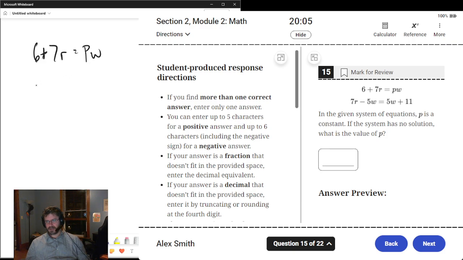Okay. The other one only has r and w. So let's get it in the same form where r and w are on opposite sides like that. So I'm going to bring the constant to minus 11 plus 7r equals 10w. So it's 10.